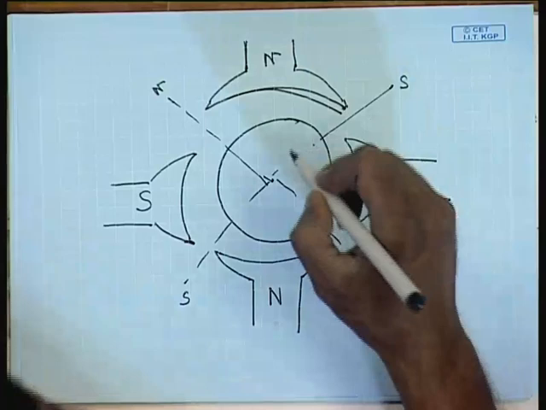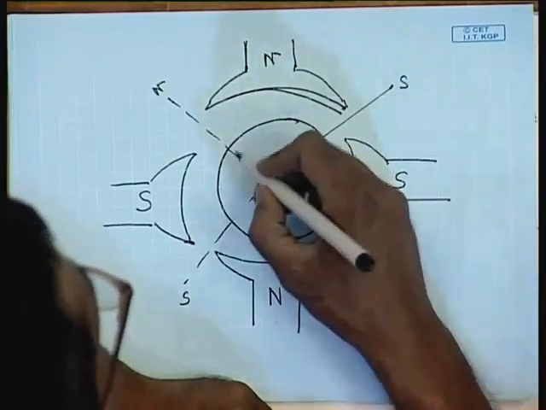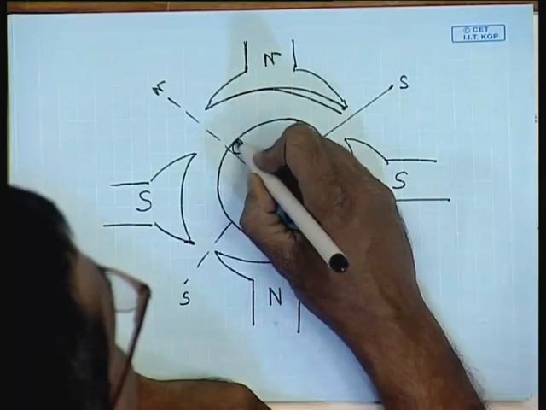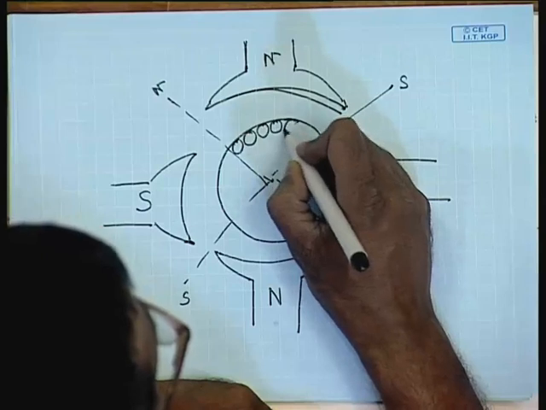In order to produce poles in this fashion, the armature coil current polarities should be alternating.